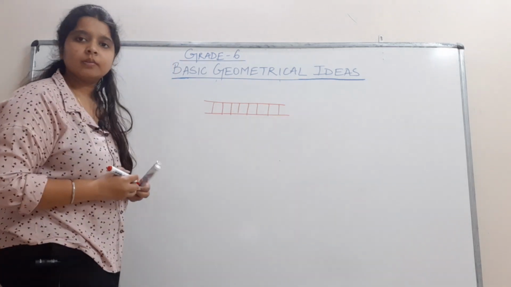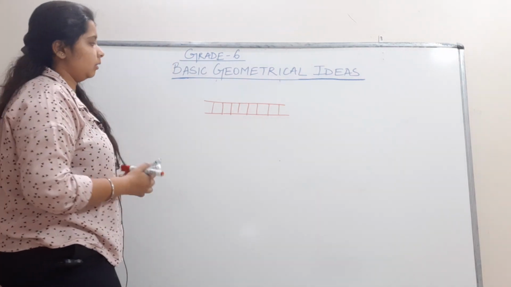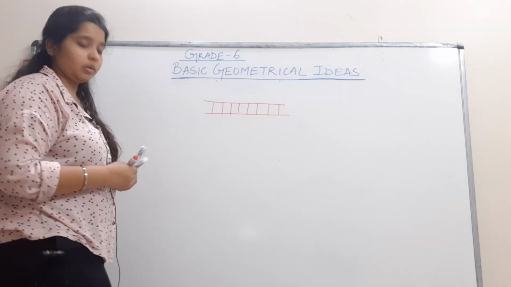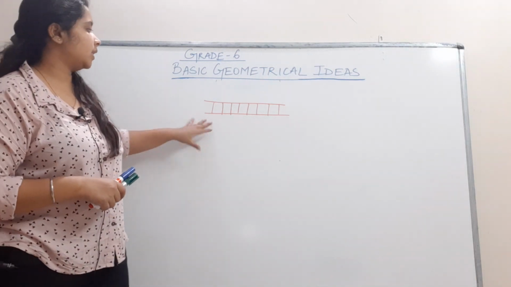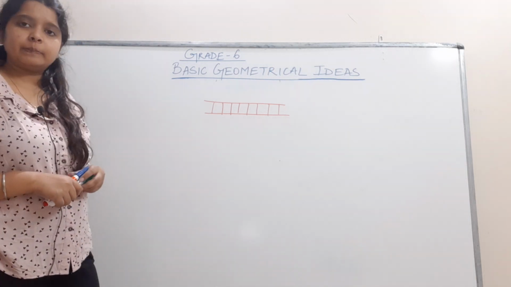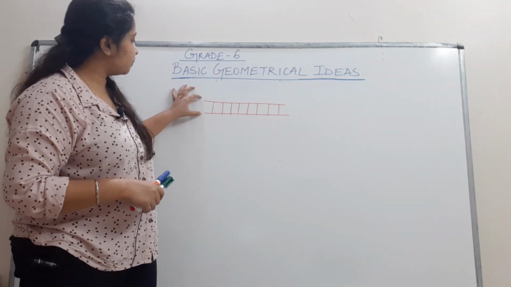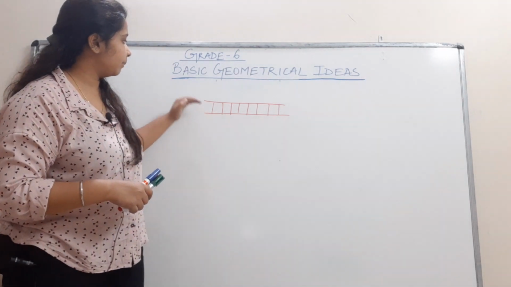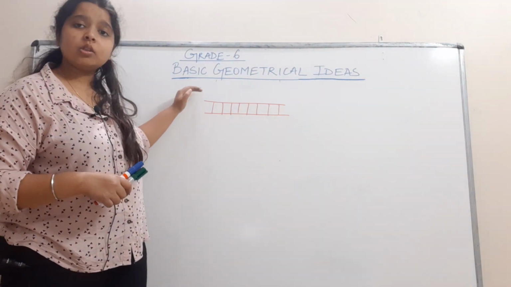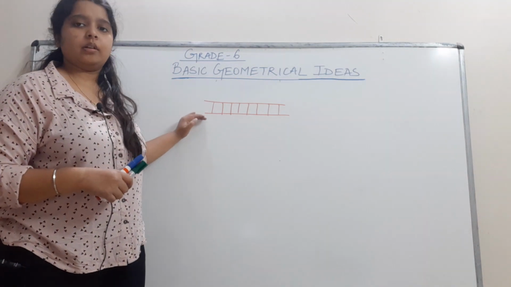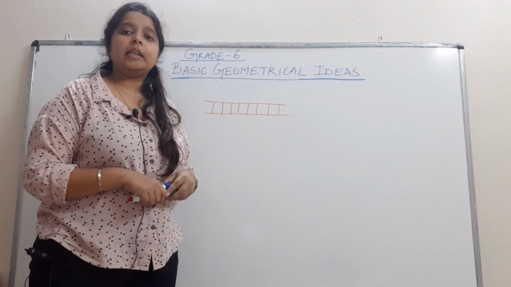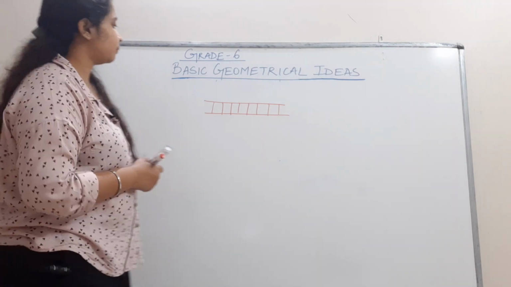So what do you observe when you see the railway lines? You see that the two sides of the railway track, that means the two lines, do not ever meet. They do not meet at any point, right?